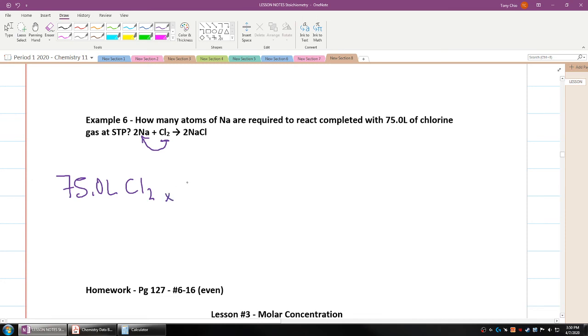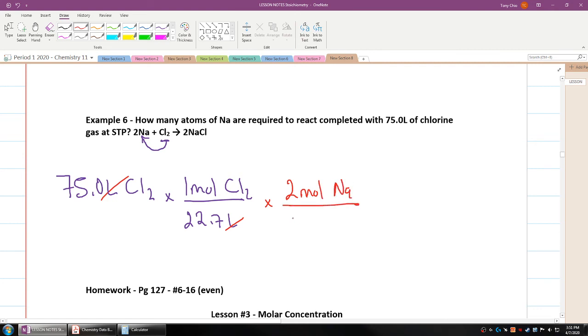Well, we got to use STP, which means 1 mole of chlorine is equal to 22.7 liters of chlorine. So liters will cancel each other out. So now I'm at chlorine, I got to get to sodium, which means I got to cross the mole bridge using the mole ratio. The mole ratio is 2 moles of sodium is equal to 1 mole of chlorine gas. So my moles of chlorine gas will now cancel out.